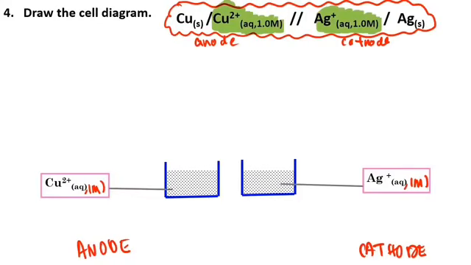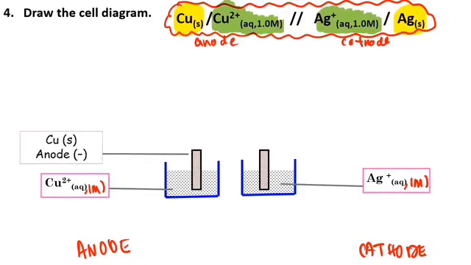And then, what is the electrode used? Electrode used for the anode is copper solid, while at cathode is silver solid. So, both electrodes must be immersed in the electrolyte. Mesti direndamkan dalam electrolyte masing-masing. So, copper solid anode masuk dalam copper 2 plus aqueous.